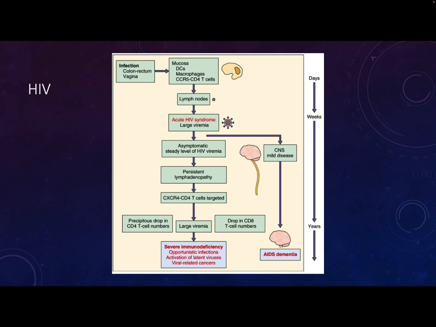So the majority of people who get HIV at some point will experience that drop in the CD4 positive T cells, the increase in the viral number, and the presence of these opportunistic infections. And that is most likely going to be what kills them. You have the reactivation of latent viruses. So they'll develop shingles. If they've been infected with herpes simplex 1 or 2, they'll develop cold sores.